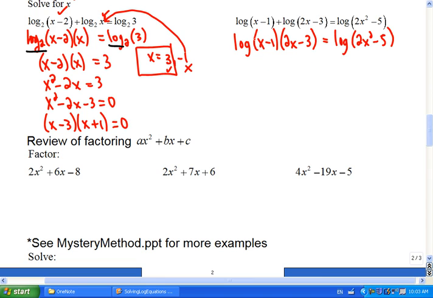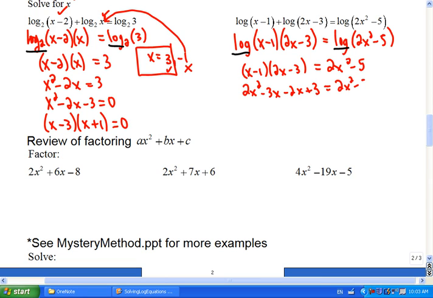Now I've got just the logs and nothing else, so I can rewrite this as x minus 1 times 2x minus 3 equals 2x squared minus 5. And if I expand that, 2x squared minus 3x minus 2x plus 3, 2x squared minus 5.